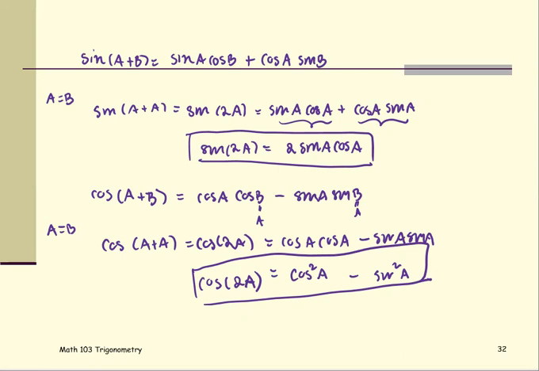That gives us another formula for the double angle of the cosine function. Recall the trig identity that cosine squared A plus sine squared A equals 1.